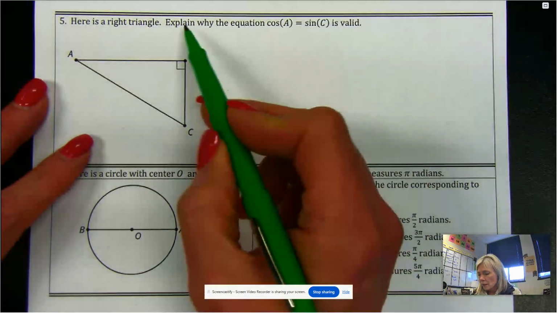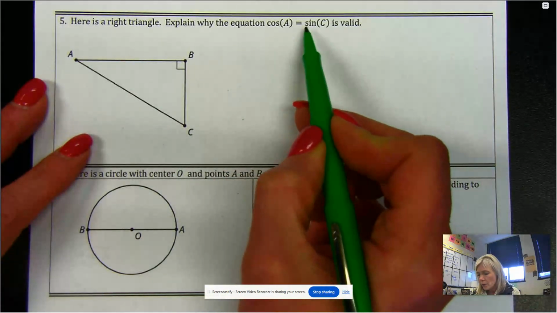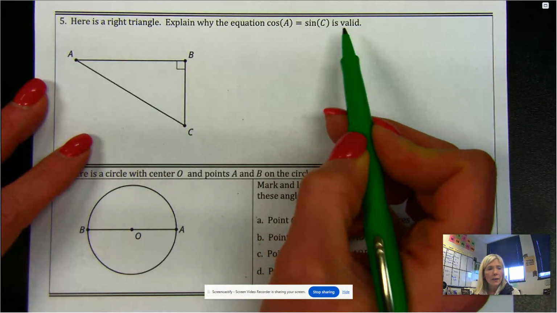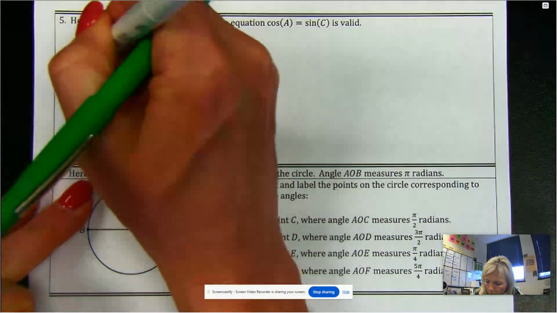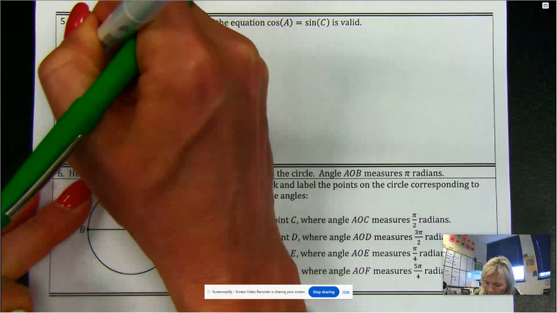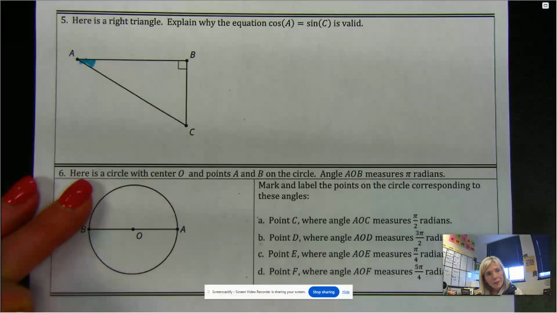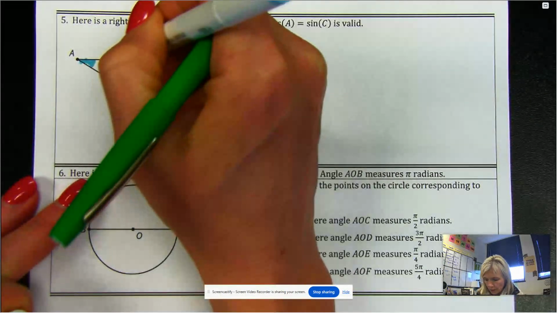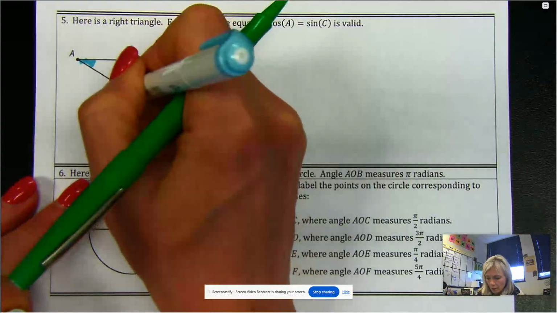It says, explain why the equation cosine A equals sine C is valid. Okay? Well, let's look at the cosine of angle A. So here's angle A. Cosine is equal to the adjacent leg, right here, over the hypotenuse.